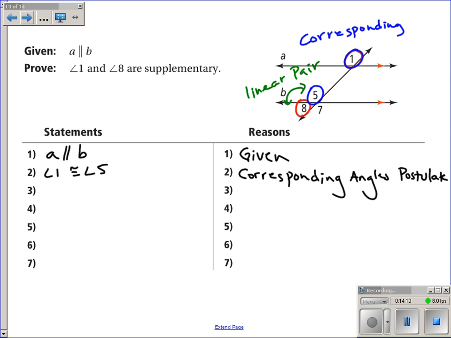Now we will need to use some algebra in this proof to say that 1 and 8 are supplementary. So what does it mean for these two angles to be congruent? It means that the measure of angle 1 is equal to the measure of angle 5, and the reason is the definition of congruent angles.